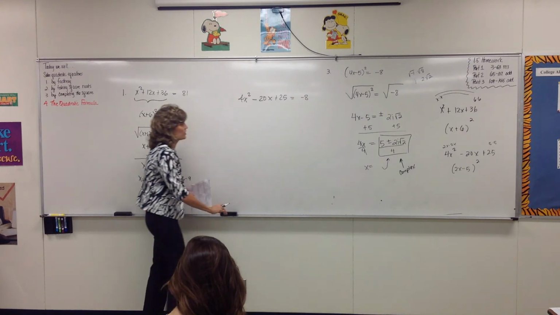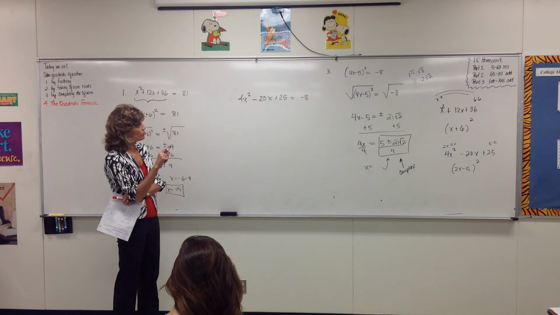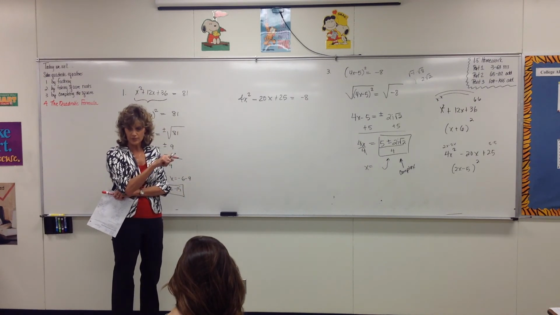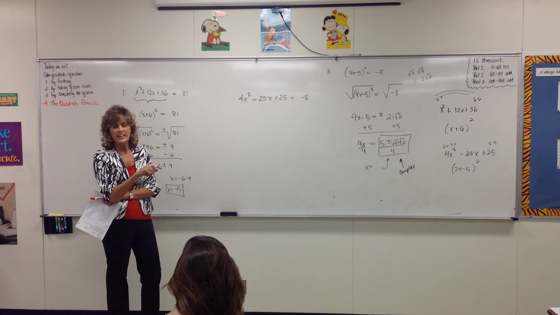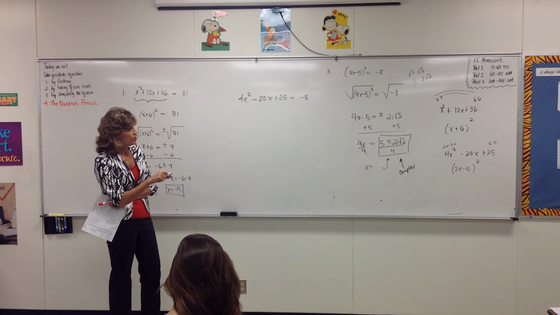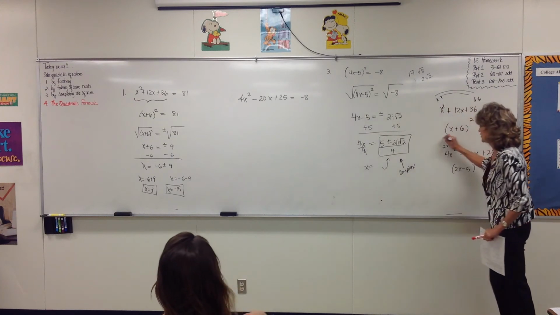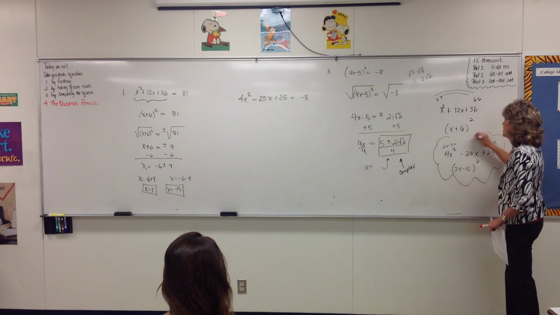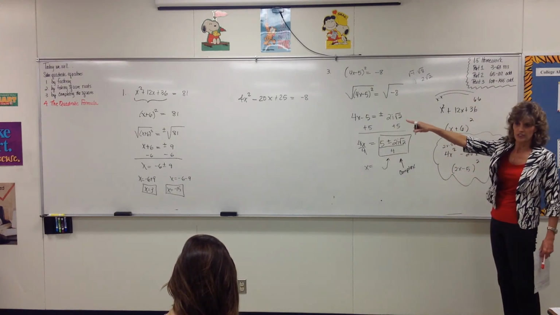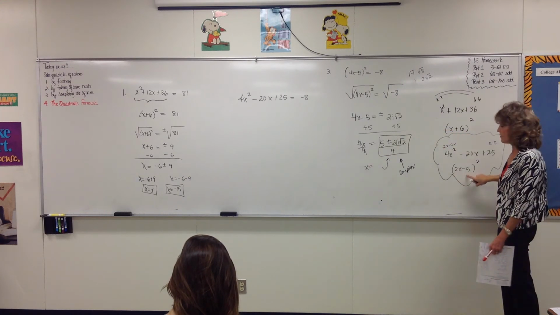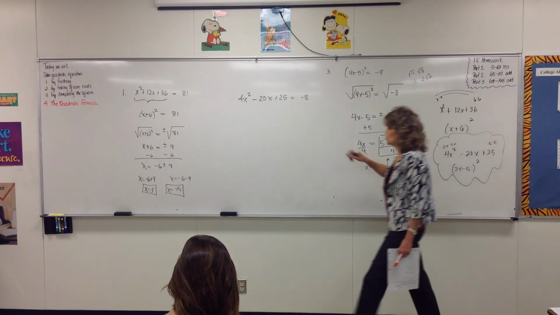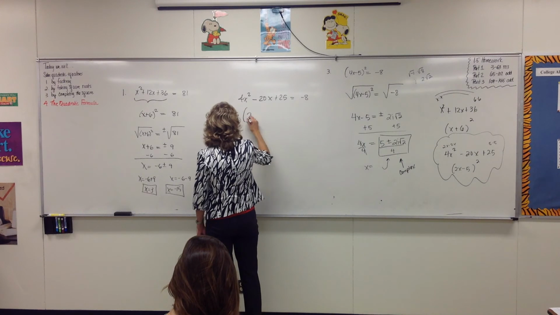If you're really thinking on your toes, what you might do is say, oh, I'm going to make that equal 0 and add 8 to both sides and then try to factor it. And you can do that. It'll be harder in this case. If you're really on your toes and you recognize what we just factored a minute ago, you will know that that is a perfect square trinomial. And it factors as 2x minus 5 squared.